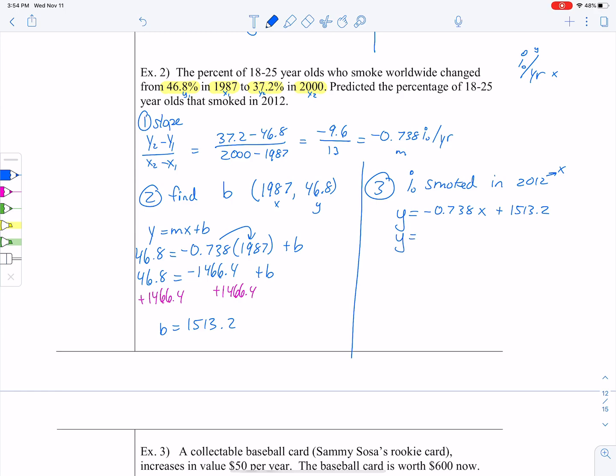So we're finding Y. Negative 0.738 times X, which is 2012, plus 1513.2. So we're going to multiply this. We get negative 1484.856, plus 1513.2. So we get 28.3%. So in 2012, 28.3% smoked.